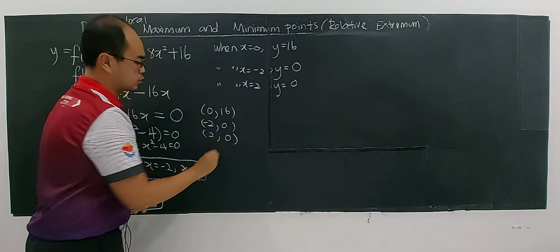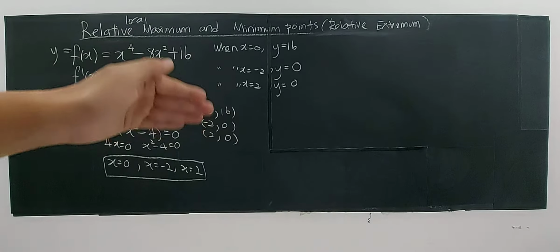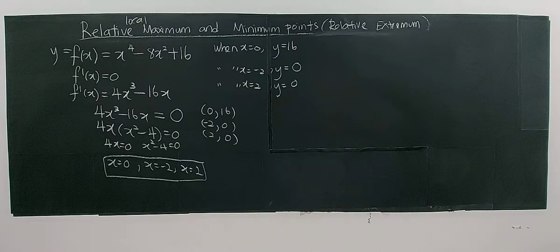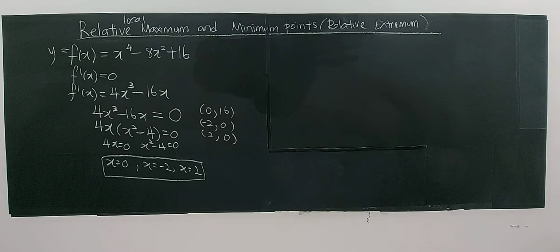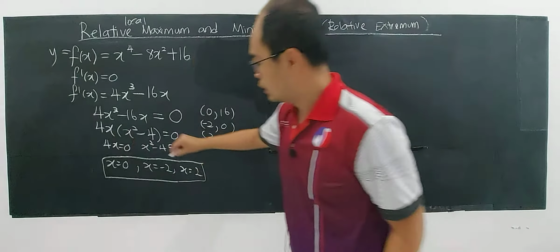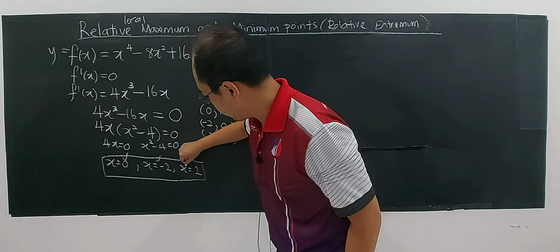But I don't know, of these 3 coordinates, which one is a relative maximum and which one is a relative minimum. So we need a test. I'm going to show you the first derivative test and the second derivative test. Let's go with the first derivative test. You have 3 points: 0, negative 2 and 2.